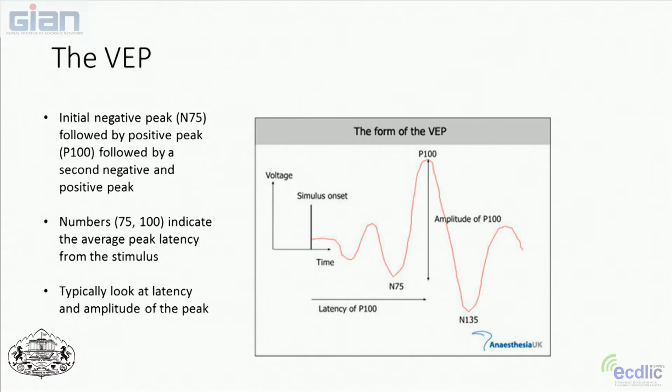These numbers that they use, 75 and 100, indicate the average peak latency from the stimulus. So you're measuring basically how much time has passed between your stimulus and when you're measuring these waves. So to assess this person's VEP, you might look at the latency of these peaks, see how well they correspond to the expected times, and how much peak you generate from this.